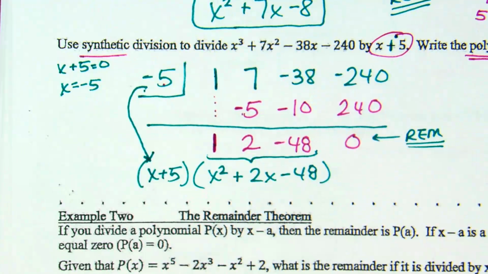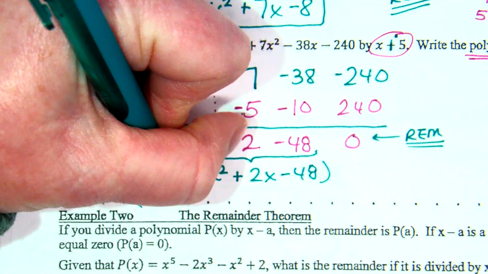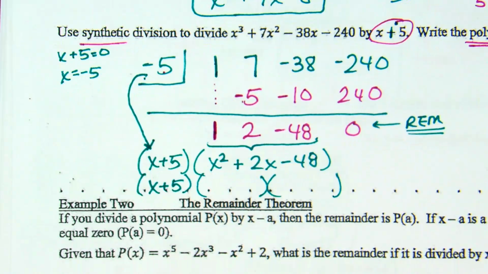Now, is this completely factored? And here's the deal. Can x squared plus 2x minus 48 factor? Yes, you should know that. So x plus 5 is going to stay x plus 5. X squared plus 2x minus 48 should factor into 2 parentheses. X squared is x and x.